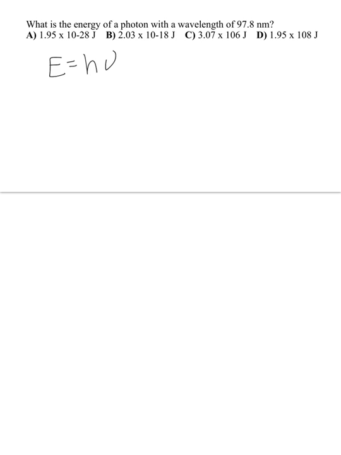Since you're given wavelength, which is lambda, you're going to have to use c equals lambda nu. You're going to need to solve for nu and then replace it in terms of lambda. So in order to isolate nu, you have to divide both sides by the wavelength. That cancels that out.